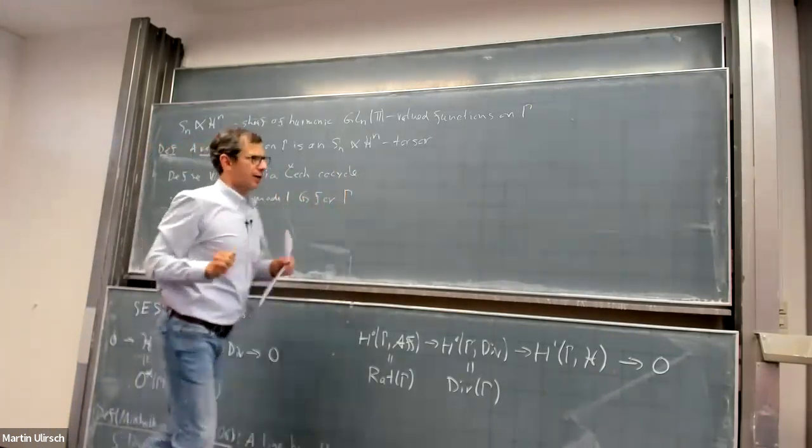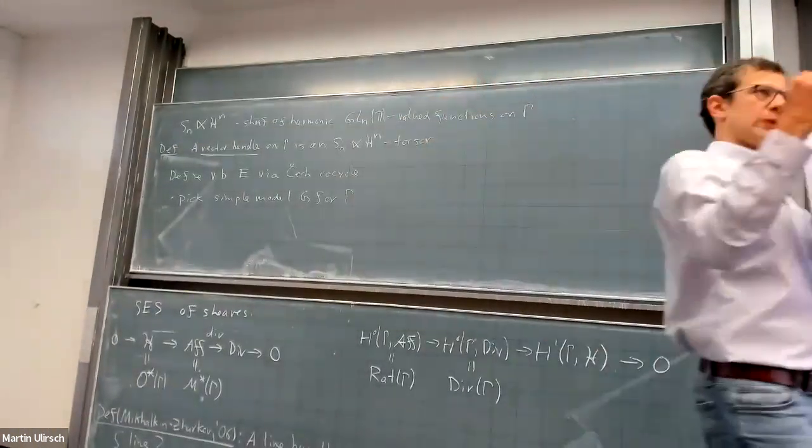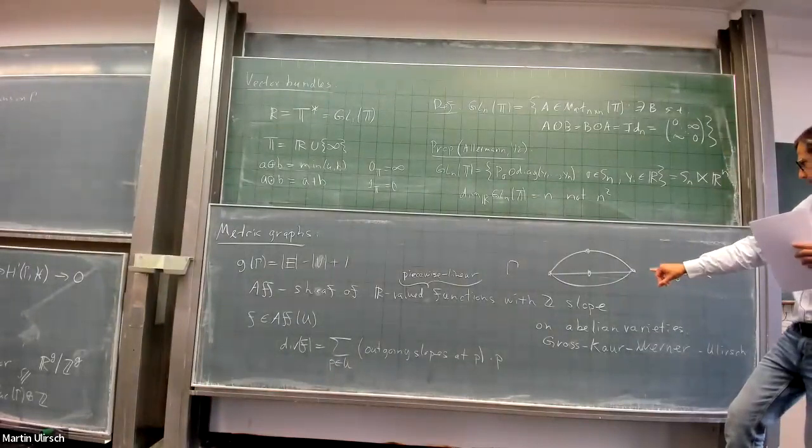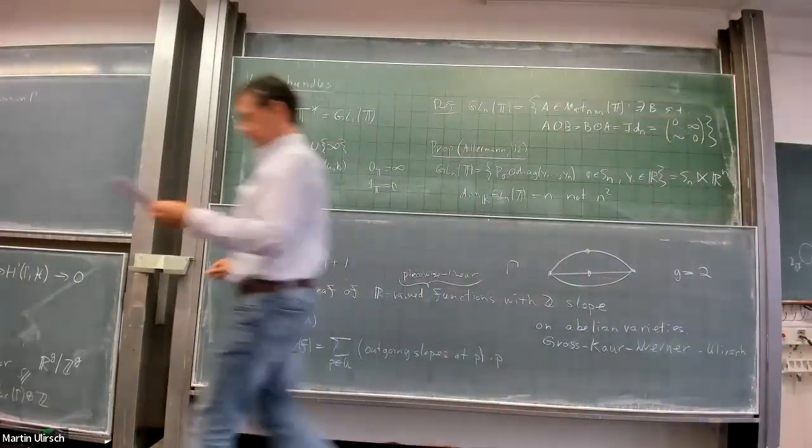That means you're not allowed to have multiple edges between two vertices, and you're not allowed to have loops. So I'm going to need to split this edge and this edge, and I don't need to split this edge. Now that's a simple model.